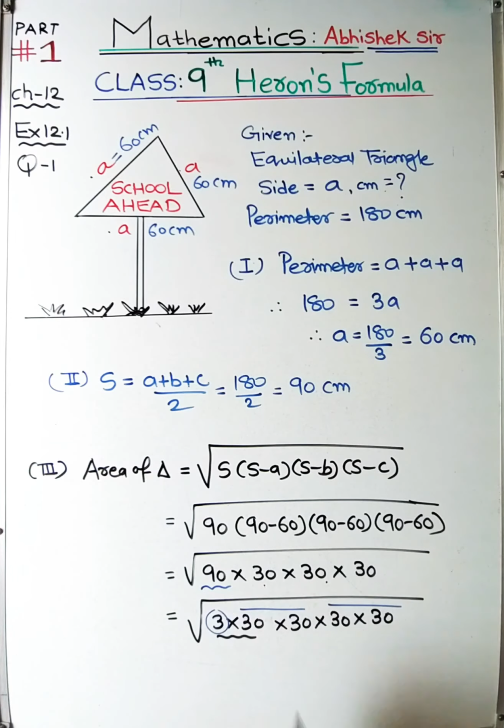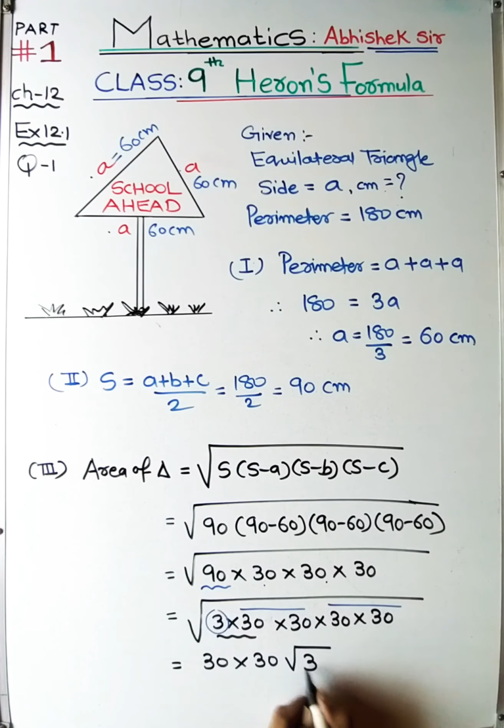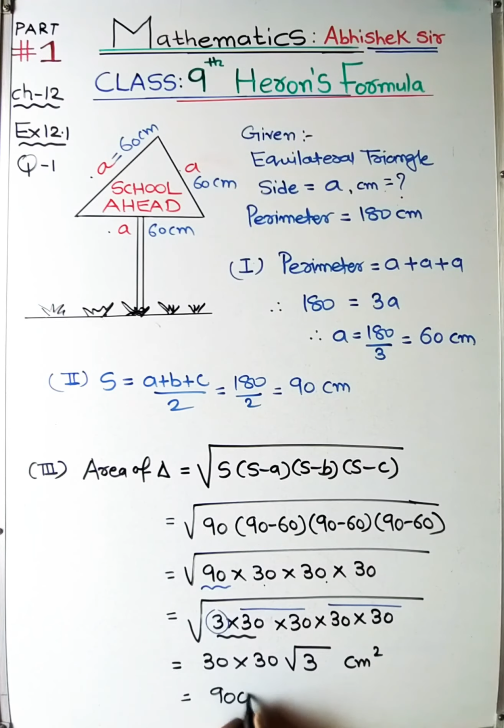So taking numbers outside, it will be 30 into 30, this 30 from the first pair, this from the second, into root 3 centimeter square. That will be 900 root 3 centimeter square. So this will be our answer of the first question.